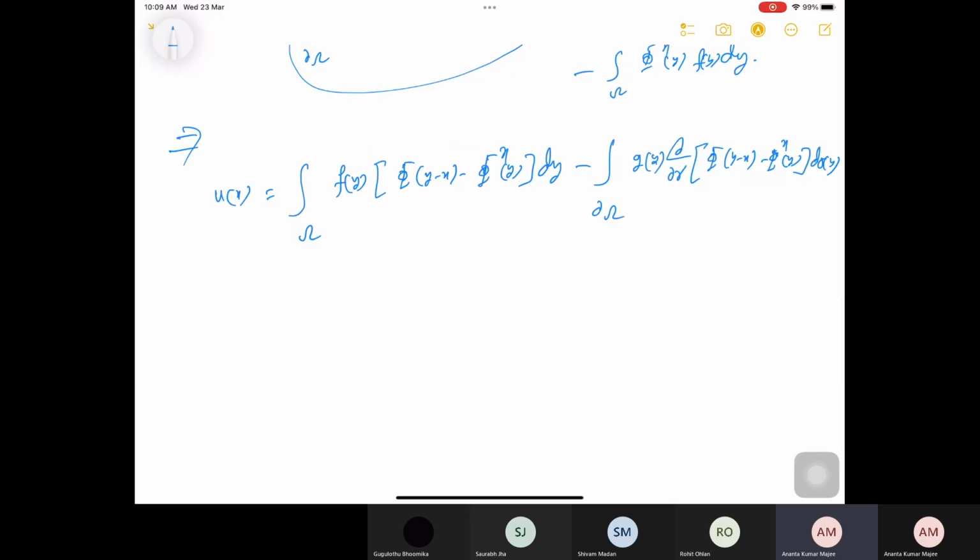Now looking at these expressions, we are defining the so-called Green's function. Definition: Green's function.